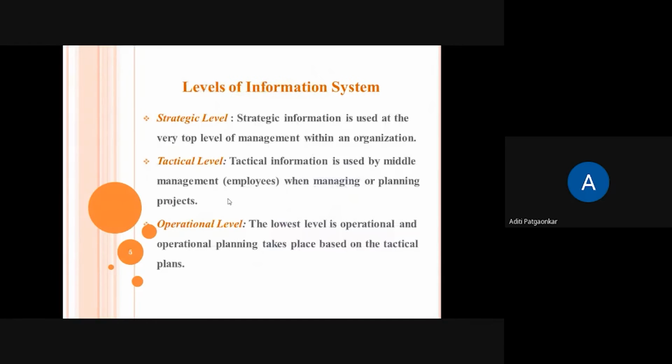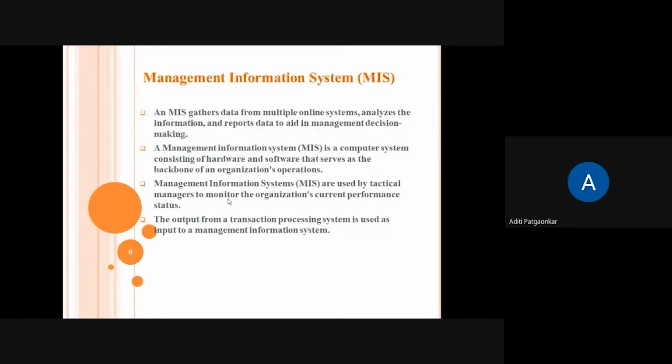Now let's start with the concept of what is an MIS system. MIS systems are software which gathers data from multiple online systems. They analyze it, and they generate reports on the data which they get from various other information systems for management decision making.